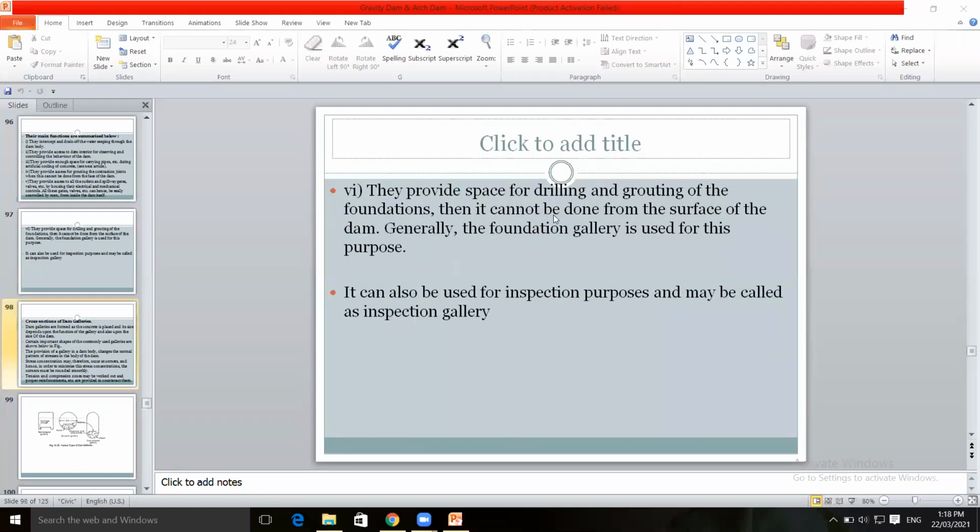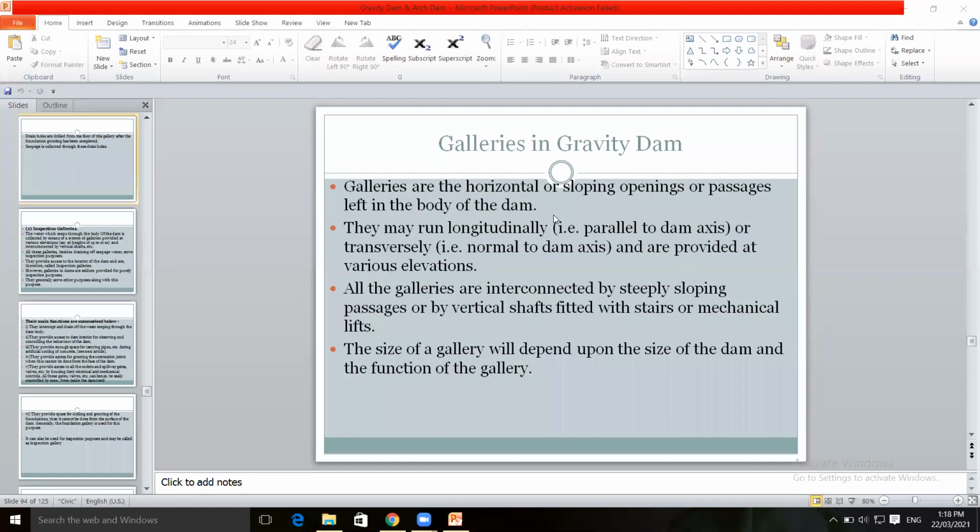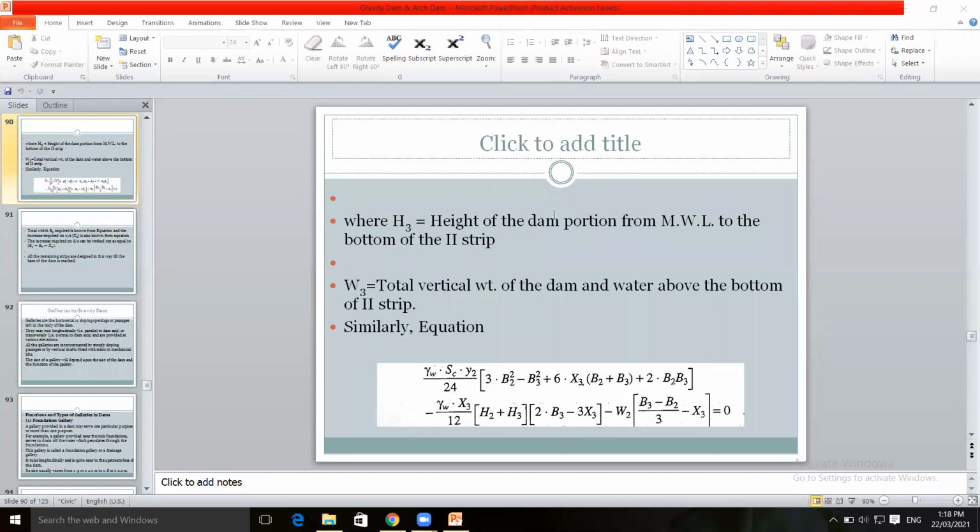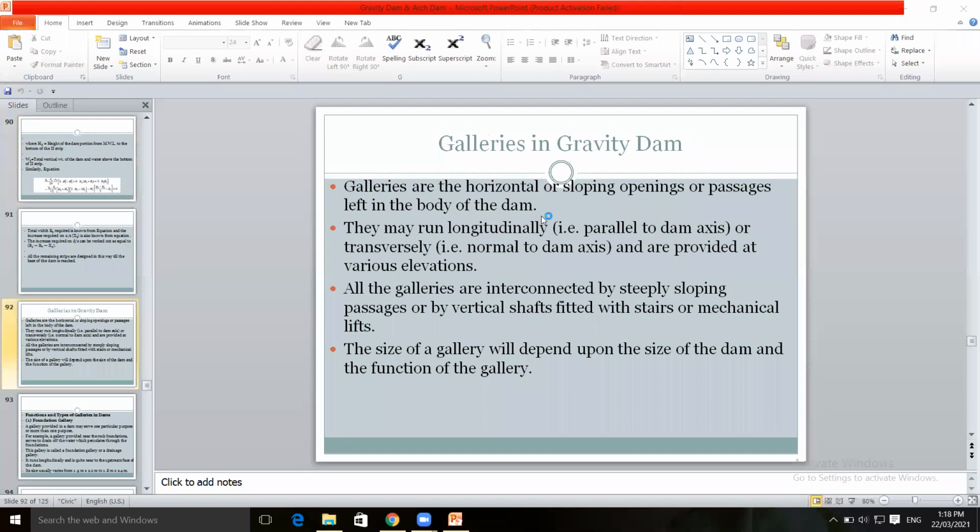So, what are its functions? Galleries are horizontal or sloping openings or passages left in the body of the dam. They may run longitudinally, parallel to the dam axis, or transversely.